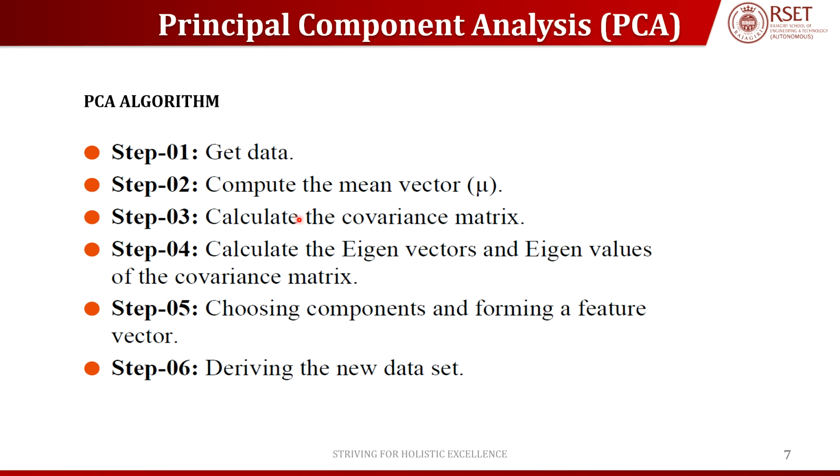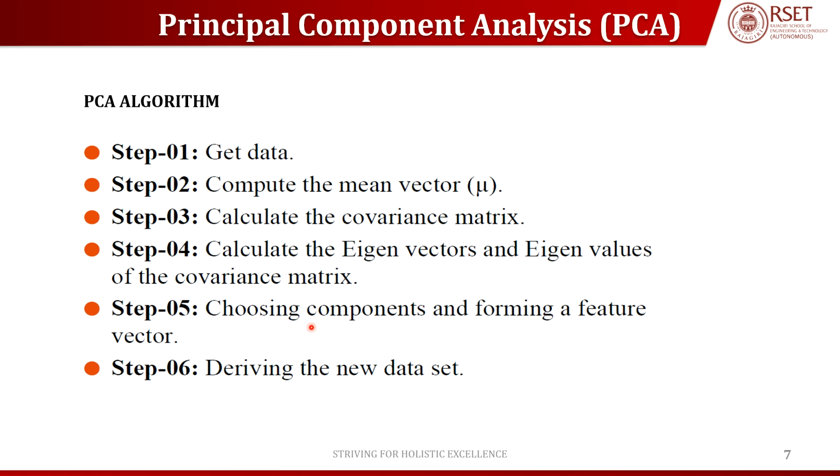In step 3, we calculate the covariance matrix, and this matrix tells us how much the variables change together, capturing the correlations in the data. And in step 4, calculate the eigenvectors and eigenvalues of the covariance matrix. The eigenvectors are our principal components and eigenvalues tell us the magnitude of variance explained by each corresponding component.